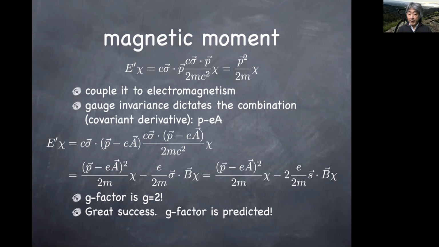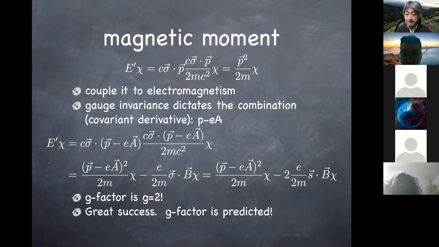The relativistic theory predicts the g factor is 2. It's no longer arbitrary, it's a prediction of the theory. So this was the great success of Dirac's theory of relativistic quantum mechanics. And so far, everything seems to be working beautifully, even better than expected. Okay, any questions at this stage?